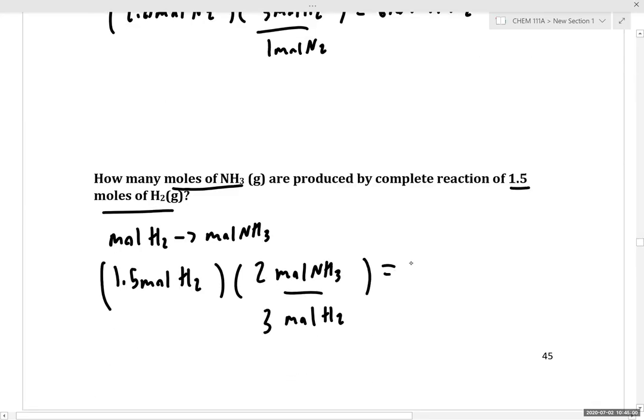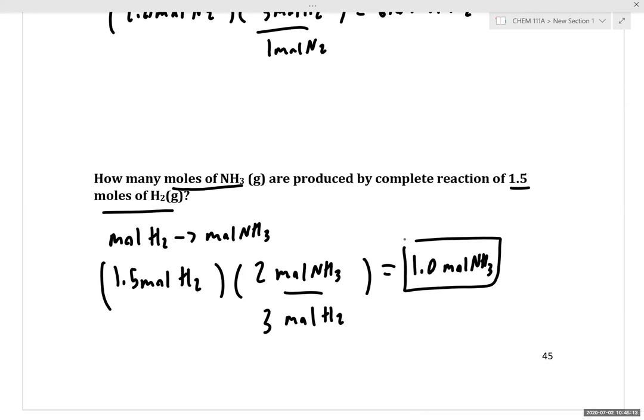And that in turn gives us 1.0 moles of ammonia. Does this example make sense to everyone so far?